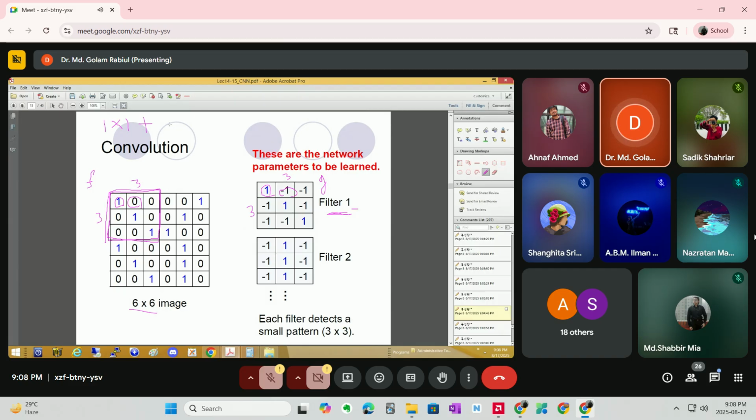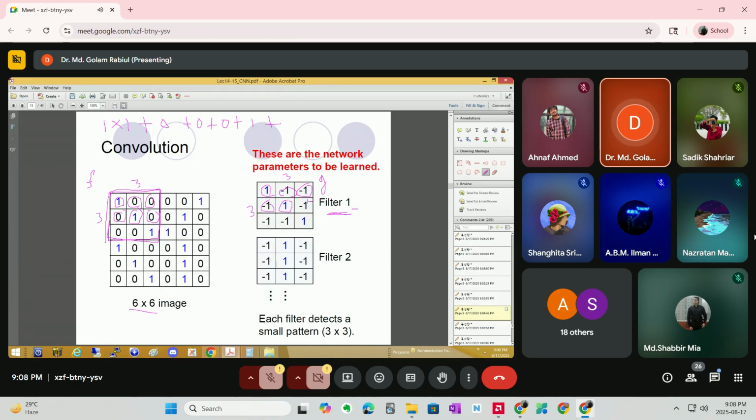So 0 times negative 1 will be 0, plus, then 0 times negative 1, again we will get 0. Then 0 times negative 1, we will get again 0. And then this 1 here is 1, so 1 times 1, that means we will get 1, plus then here is 0.